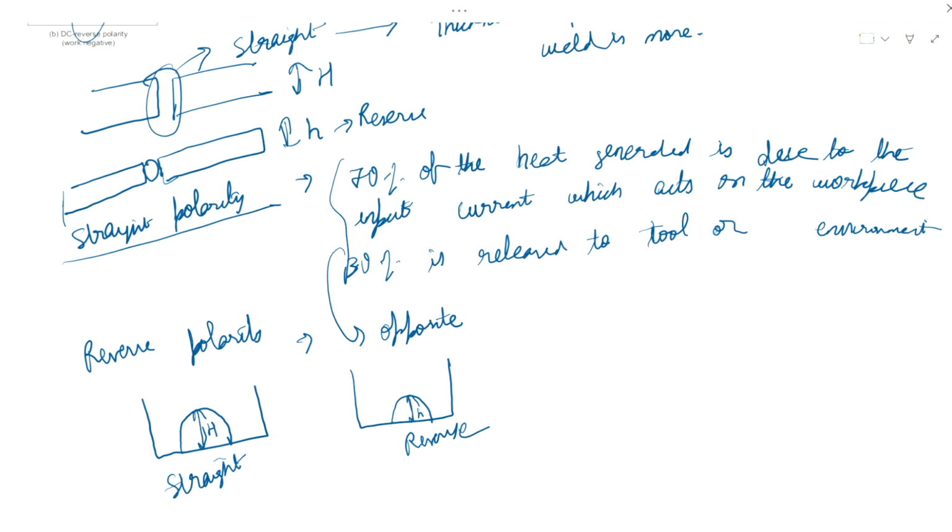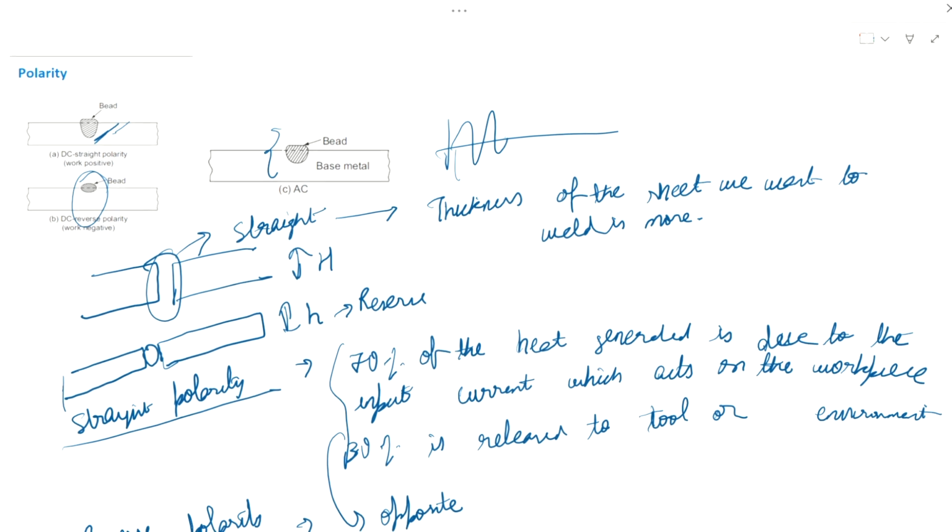So everything depends on the thickness of the sheet we want to weld. Now, in selective laser melting, your layer thickness is very less. So sometimes it is not possible. And in FDM, your layer thickness is somewhere around 100 to 200 micrometer. So this is possible. Okay. So this was about the polarity.